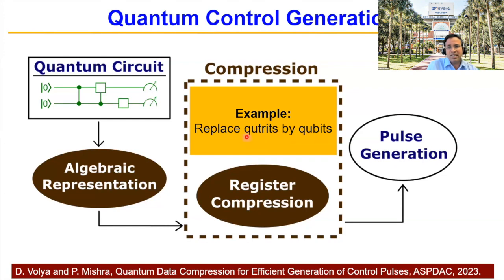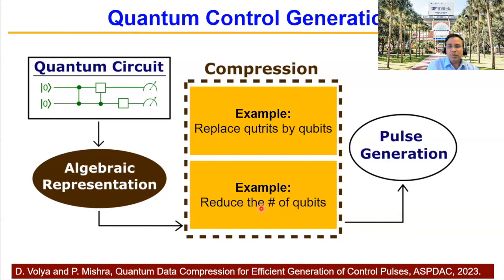So you replace all or some of the qutrits by qubits. That's how we reduce the dimension, and reduce the compilation time and execution time. Then you can do register compression. For example, you can reduce the number of qubits and still get the fidelity that you are looking for. There is a lot of work out there on compression, and you can follow that and generate the pulses accordingly.